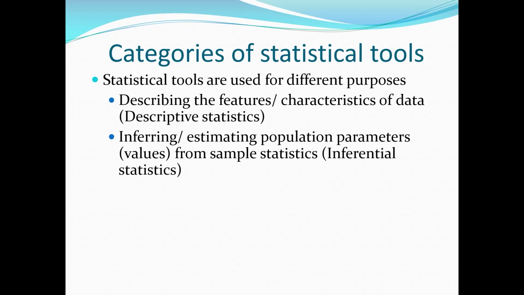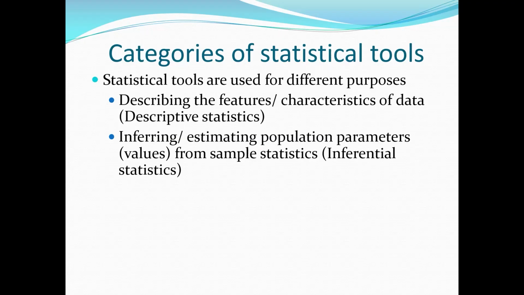Second category group of statistical tools are called inferential statistics. Inferential statistics. That is inferring, estimating population parameters from sample statistics. So those who have attended yesterday's class will immediately understand this.